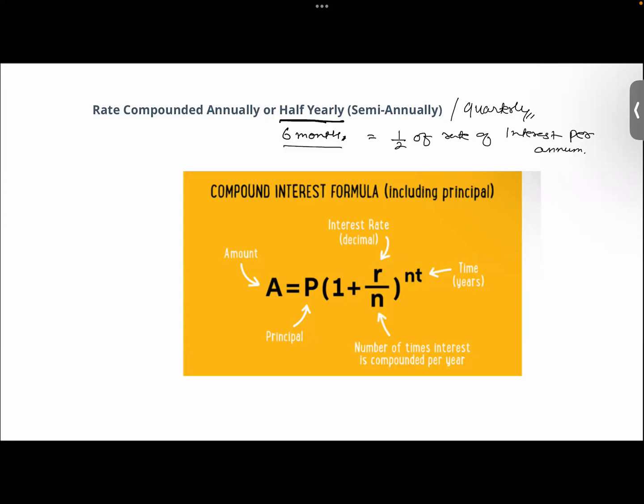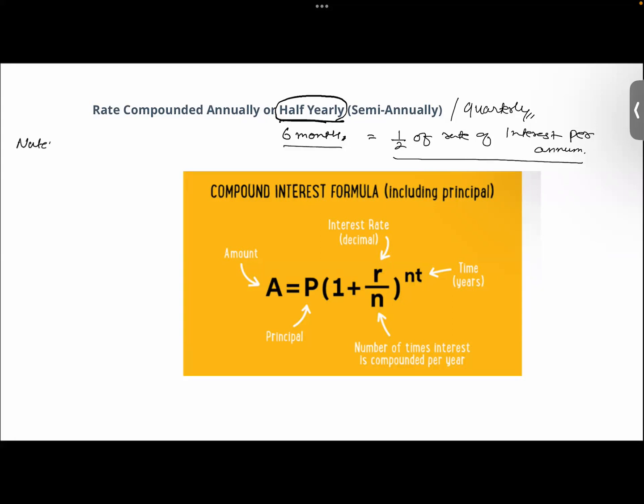So whenever it is compounded half yearly, the rate of interest is half of the rate of interest per annum. Now let's take an example, then it will become more clear. Or let me just give a representation here.